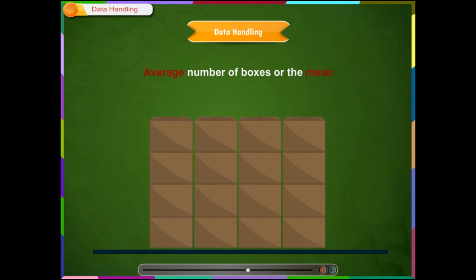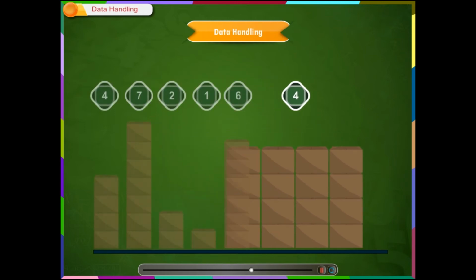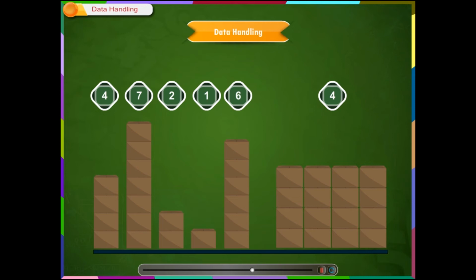So, the mean of our original data is 4, as we have 4 boxes in each stack. Some of the numbers in the data are more than 4 and some are less. But if the amount in all the stacks is made the same, then the amount would be 4.